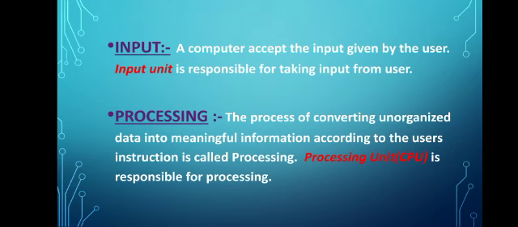Next one is processing. The process of converting unorganized data into meaningful information according to the user's instruction is called processing. The processing unit, the CPU, is responsible for processing. As we know, the CPU is known as the brain of the computer.